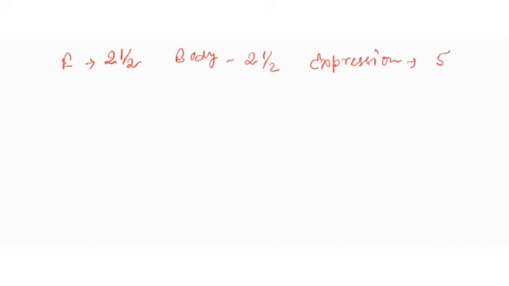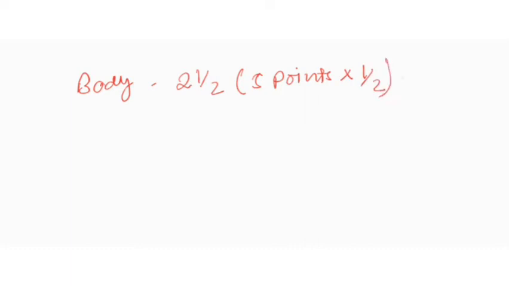Further, in informal letter, the body part is of 2.5 marks. That means 5 points cut into half, that will be 2.5. So keep it in mind, when we say 5 points, it does not mean 5 sentences.